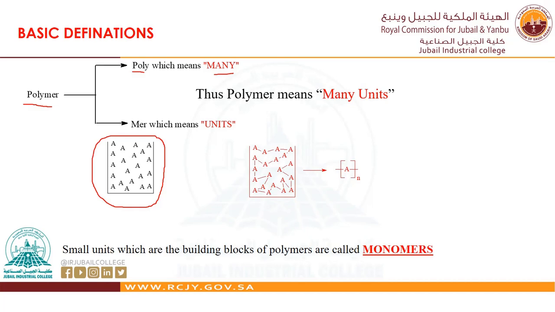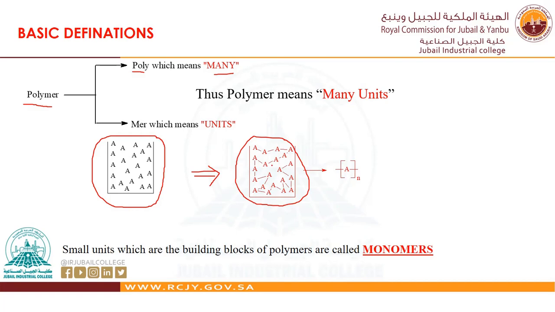And you remember that 1 mole of any substance, according to Avogadro, contains about 6.023 times 10 raised to the power 23. This implies many units, but under appropriate conditions, these many units can react and combine together to form a chain, as in this case, which is called a polymer.